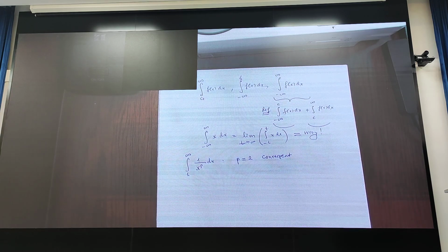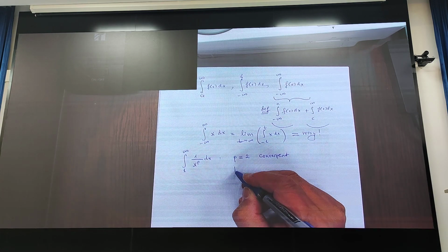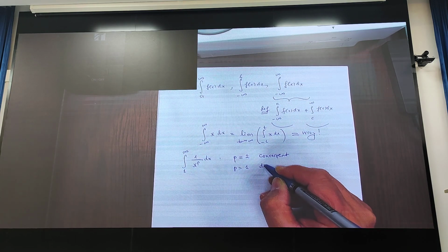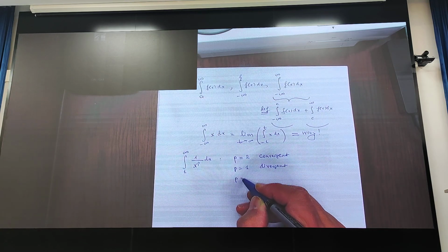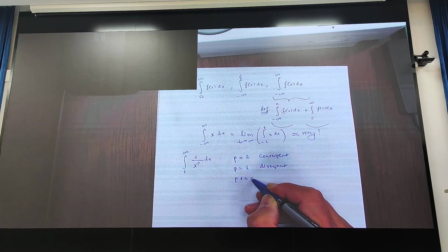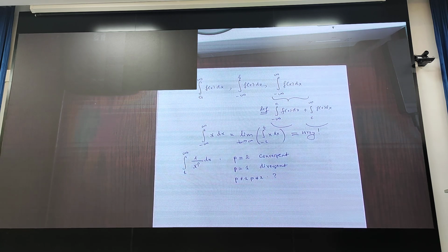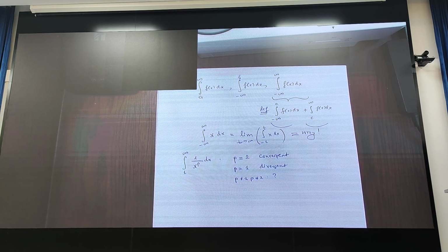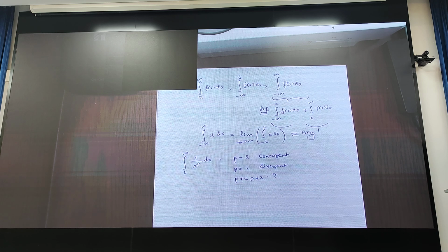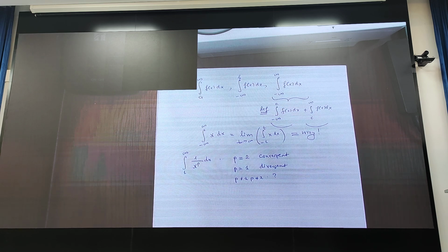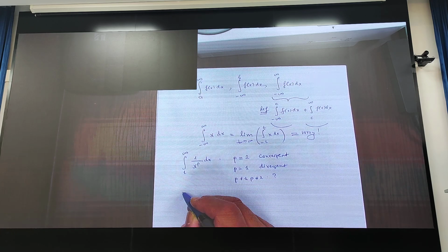Right? We already talked about it from the beginning of this integral. If p equals 1, you have divergence. So the question is, if p is not 1, not 2, how about convergence or divergence? This result you can use freely. You don't have to reprove it.